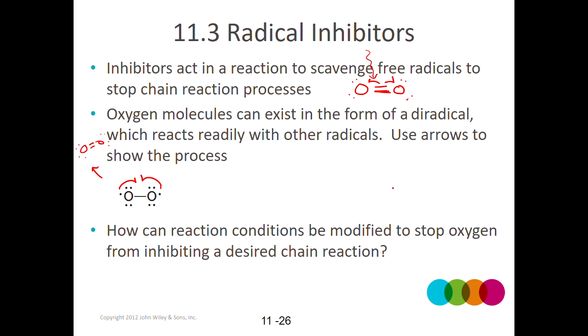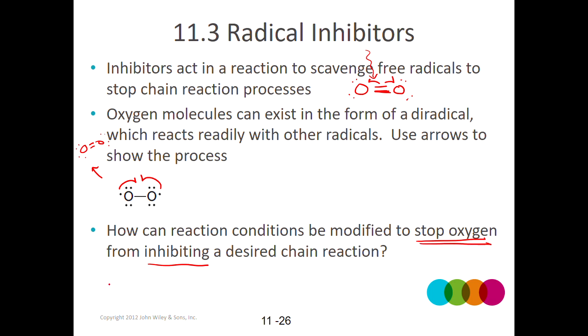So a lot of times we want to modify a reaction to stop oxygen from getting involved and causing some undesired side reaction or inhibiting our self-sustaining chain reaction that we're trying to use to convert reactants into specific desired products. So there's a couple different ways you can stop oxygen from getting involved in reactions.